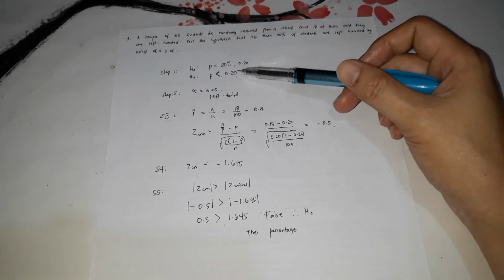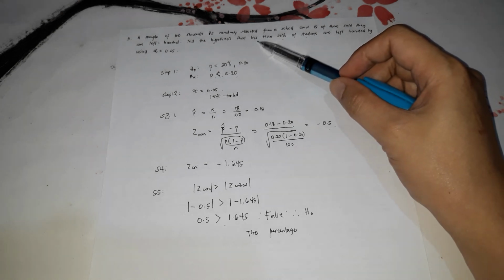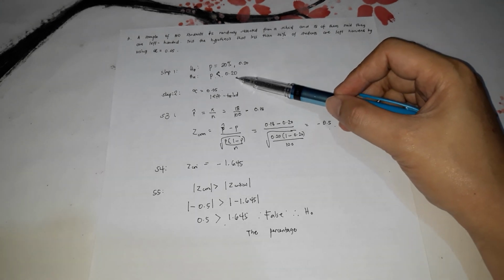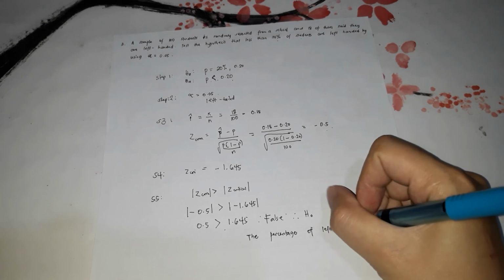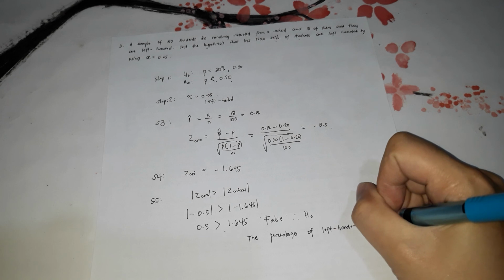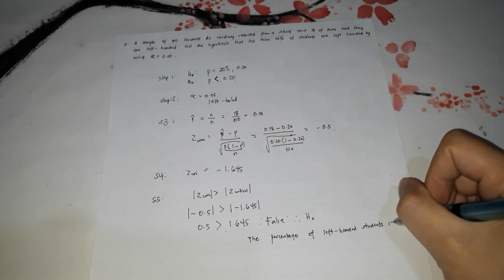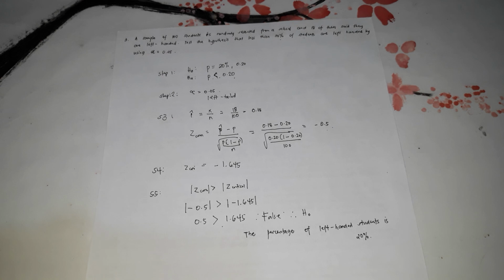There is not enough evidence that would prove that the percentage of students who are left-handed is less than 0.20, or the percentage of left-handed students is 20%. So that's the conclusion. That's how you're going to solve problems involving test of hypothesis on population proportion.